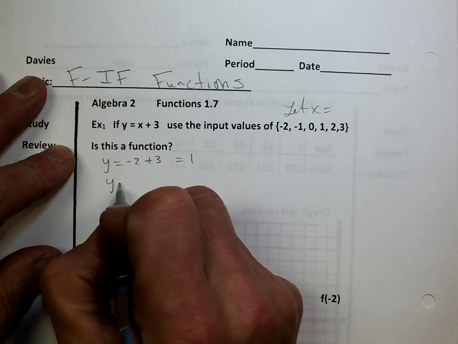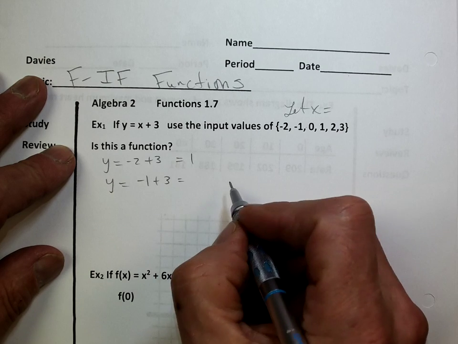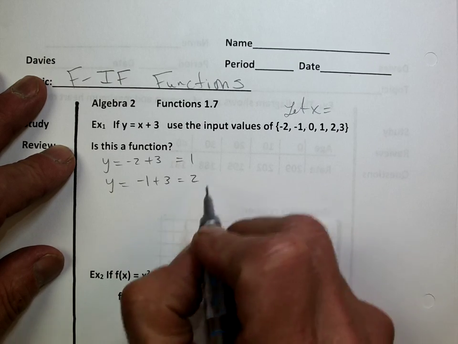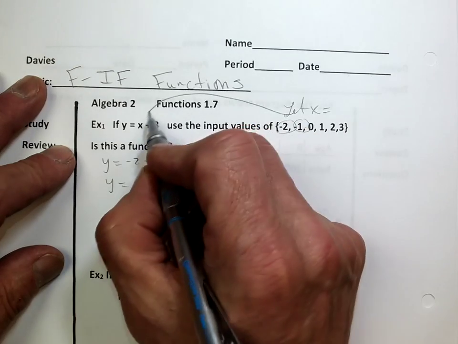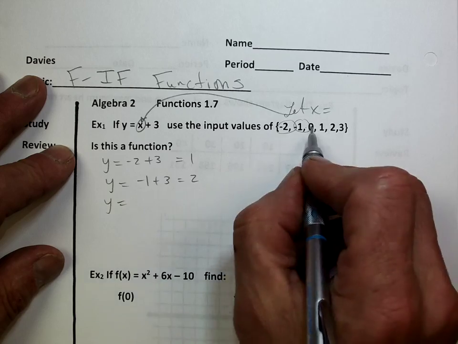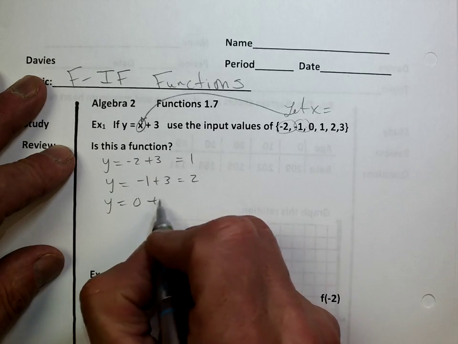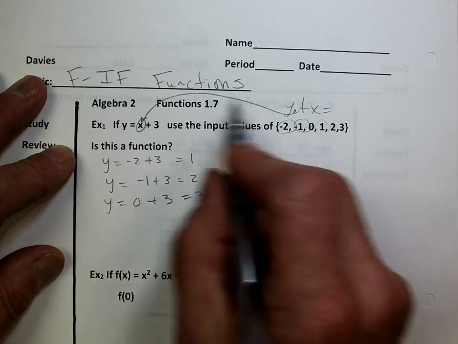So then you have y equals negative 1 plus 3. The answer is 2. Right? Just plugging these in for x right there. That's all I'm doing. Y equals 0 plus 3, which is 3. Plugging the negative 1 in for x.